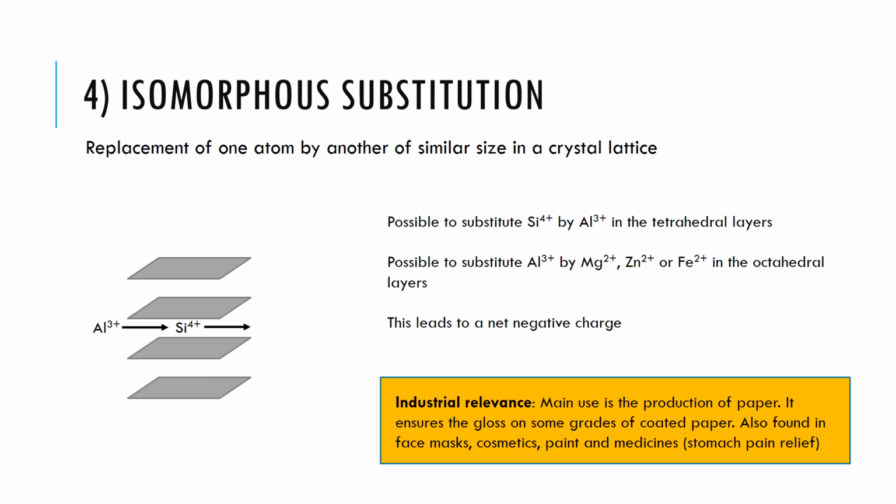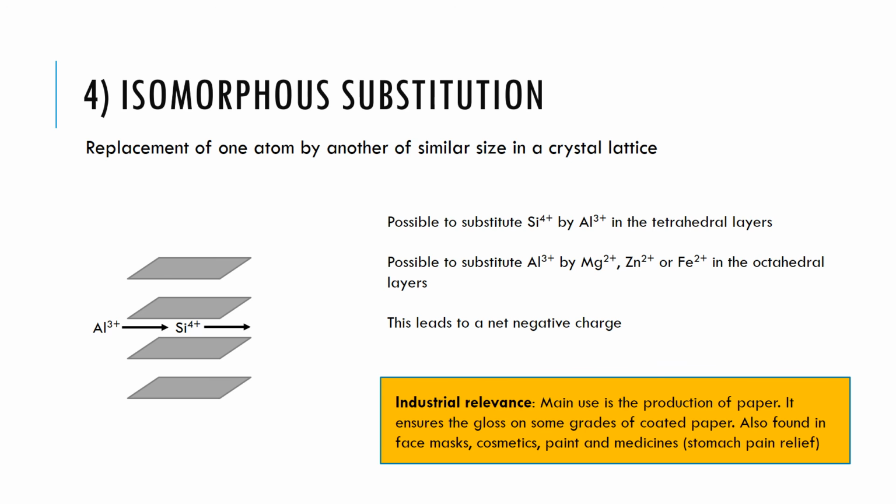If you start to replace either the silicon or the aluminium in the system, then you can yield a charge imbalance. So, for example, you can substitute the tetravalent silicon atom by a trivalent aluminium atom in those tetrahedral layers, or you can substitute one of the trivalent aluminium atoms in the octahedral layers for a divalent cation, something like magnesium, zinc, or iron.